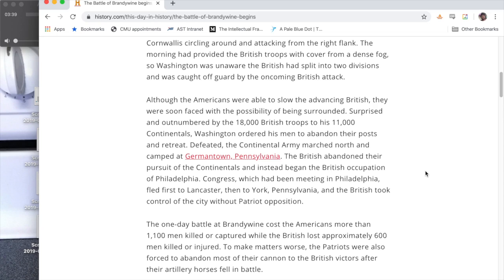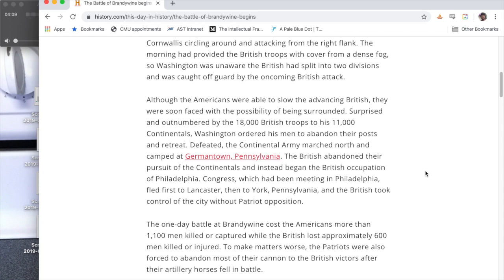Although the Americans were able to slow the advancing British, they were soon faced with the possibility of being surrounded. Surprised and outnumbered by the 18,000 British troops to his 11,000 Continentals, Washington ordered his men to abandon their posts and retreat. Defeated, the Continental Army marched north and camped at Germantown, Pennsylvania. The British abandoned their pursuit of the Continentals and instead began the British occupation of Philadelphia.